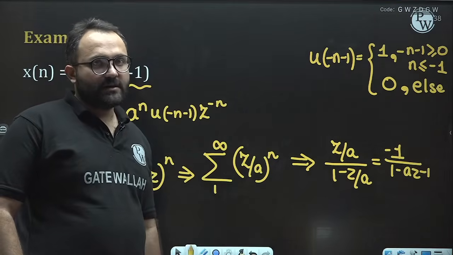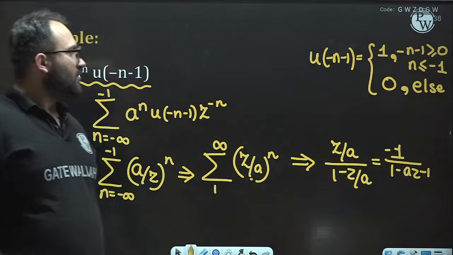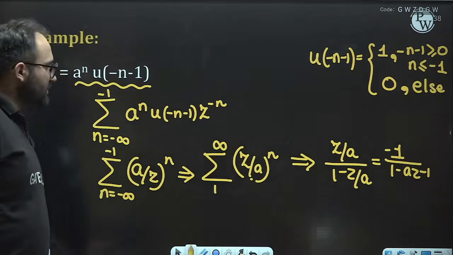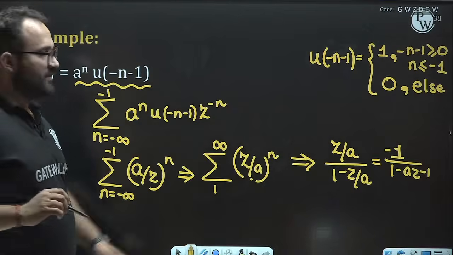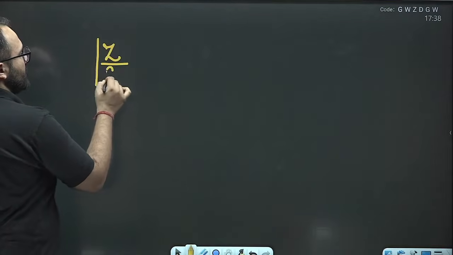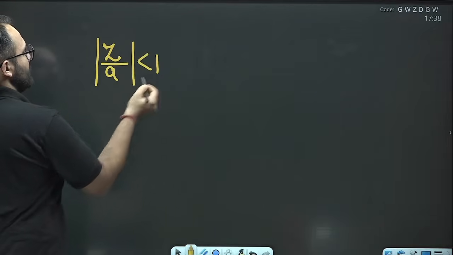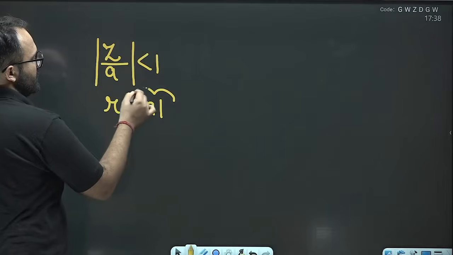But here the condition is that magnitude of alpha should be less than 1. Here alpha is z upon a. So magnitude of z upon a should be less than 1, which means that r should be less than magnitude of a.